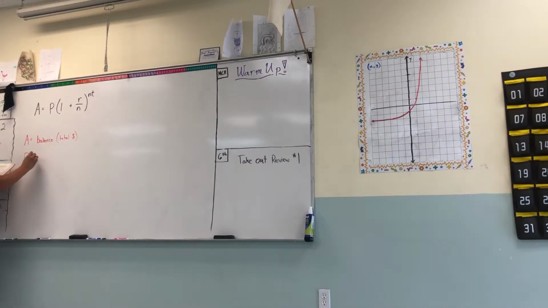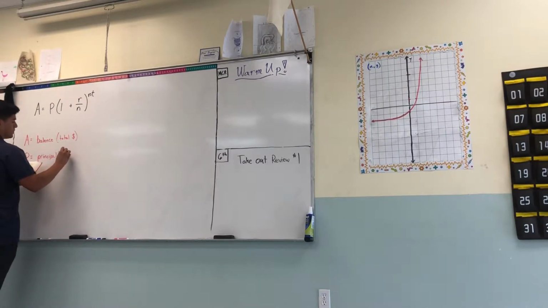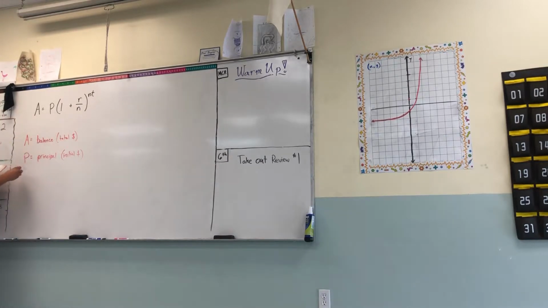P is going to be the principal, so your initial money, what you invested. R is going to be your interest rate, and you have to write it as a decimal.